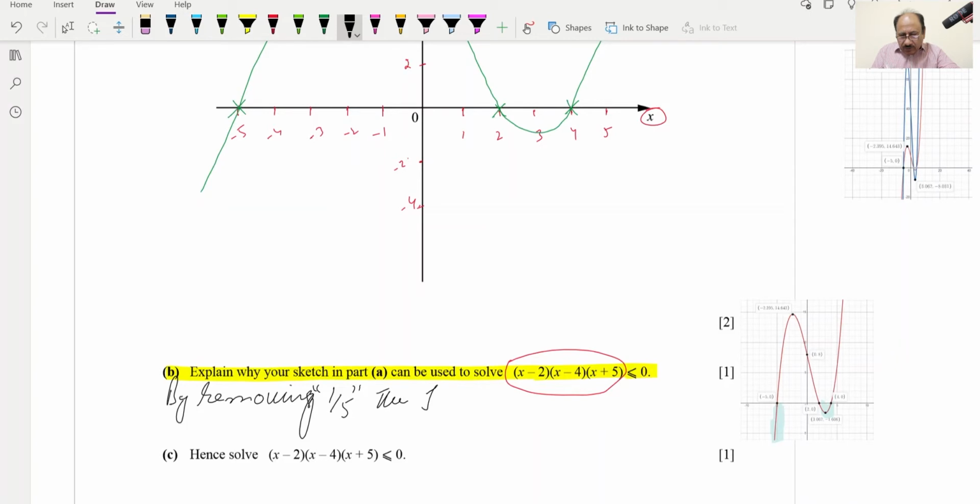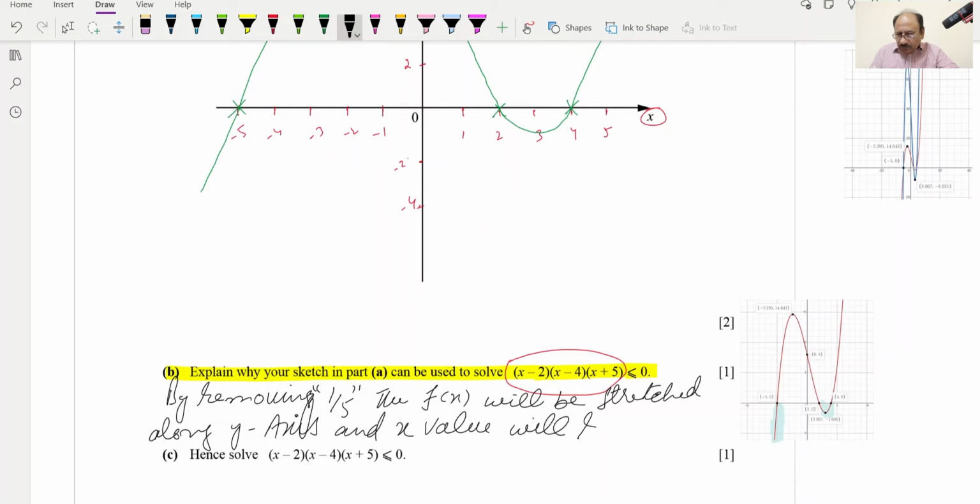The f of x, we can write, f of x will be stretched along the y-axis, and the x value will remain the same.